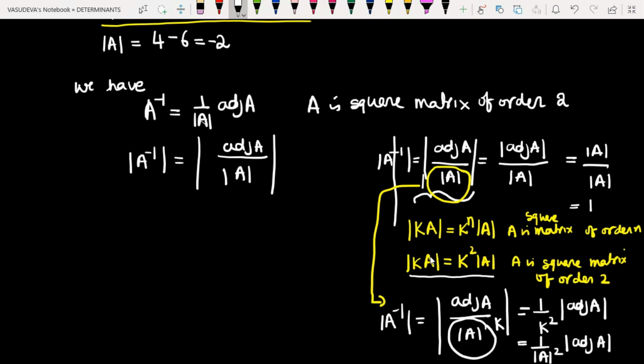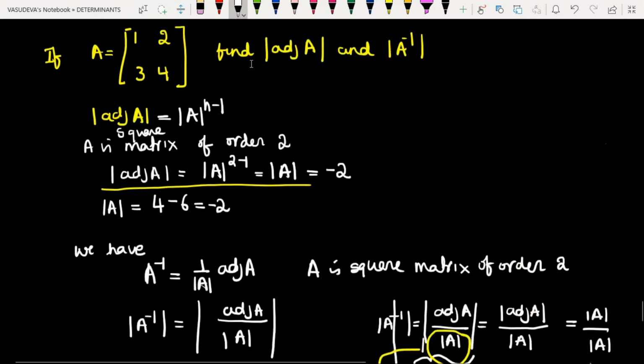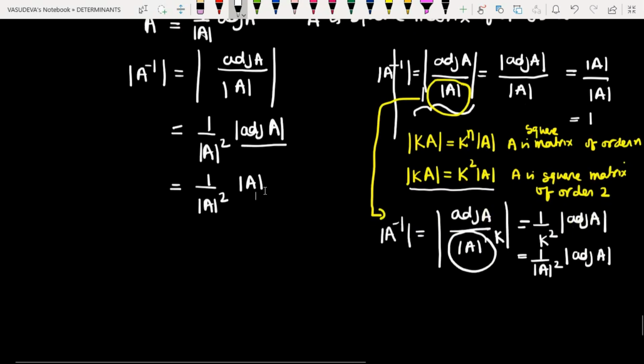So we can write 1 by determinant of A square into determinant of adjoint of A, because A is a square matrix of order 2. We have seen that determinant of adjoint of A is determinant of A, if A is a square matrix of order 2.